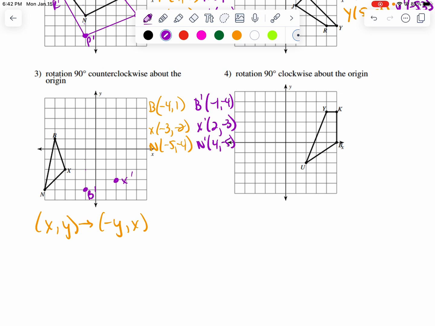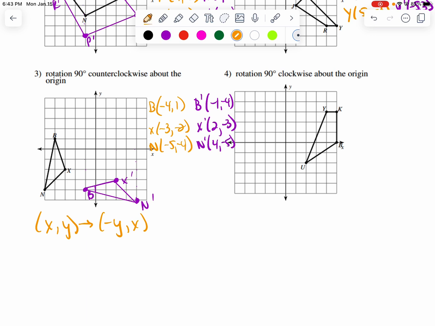And then N prime is at positive 4, 1, 2, 3, 4. Negative 5, 1, 2, 3, 4, 5. Okay, and we can see, again, the shapes are congruent. It's just turned 90 degrees about the origin.